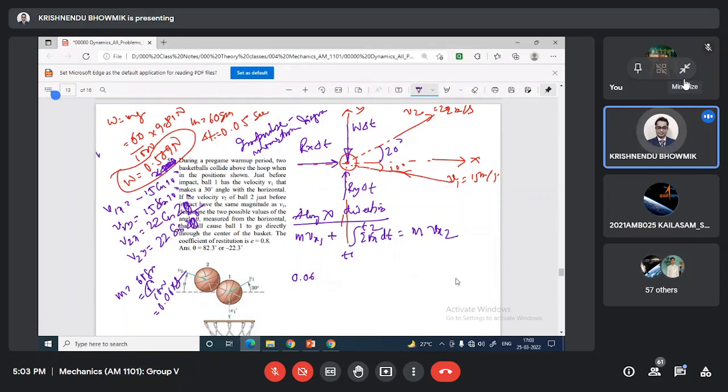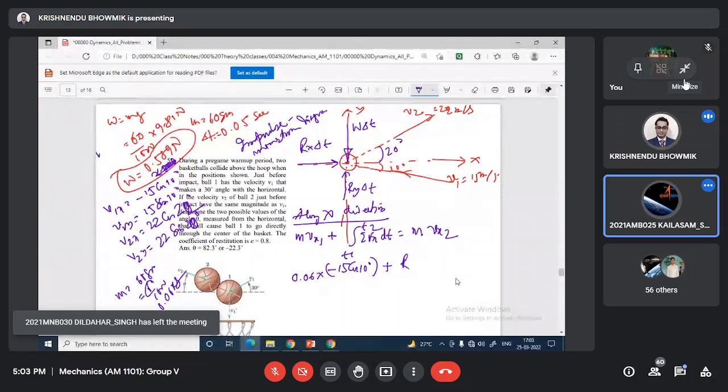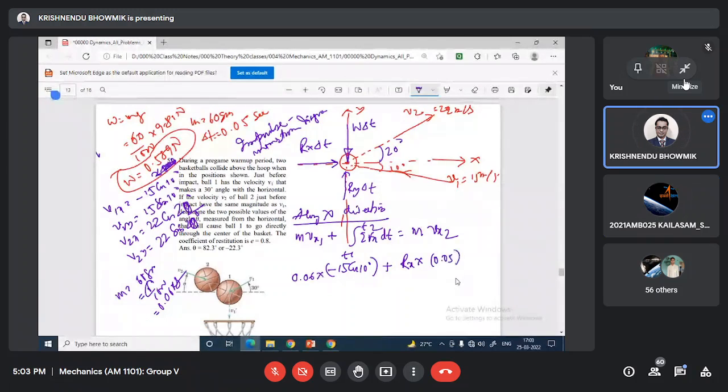So 0.06 multiplied by minus 15 cosine 10 degree plus Rx multiplied by 0.05 equal to 0.06 multiplied by 22 cosine 20 degree. This will give the value of Rx equal to 42.5 Newton.